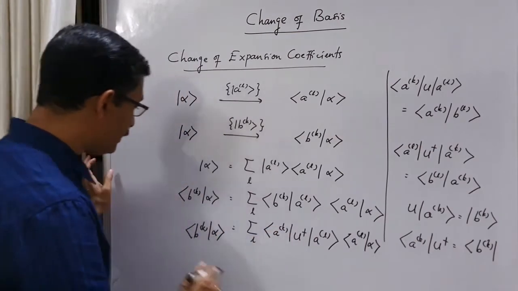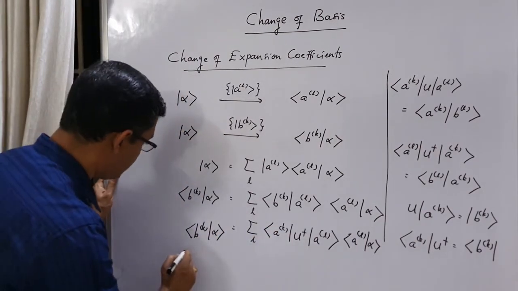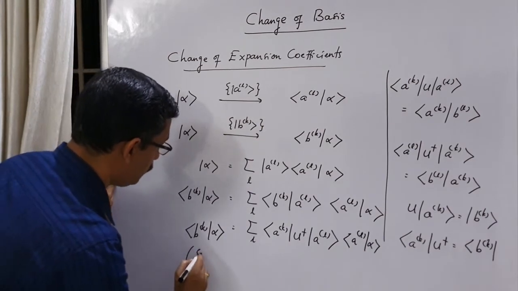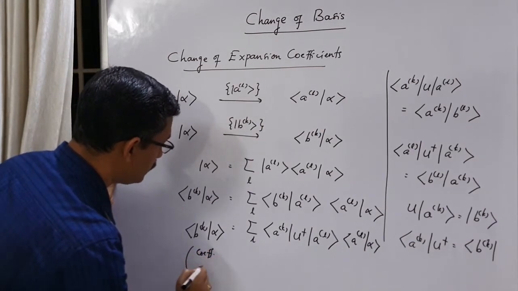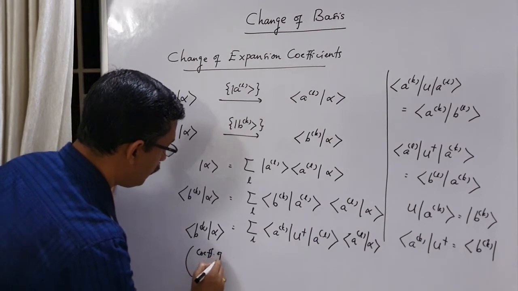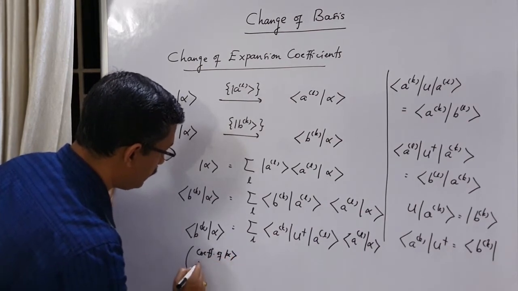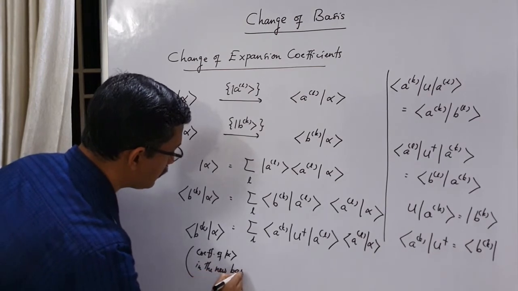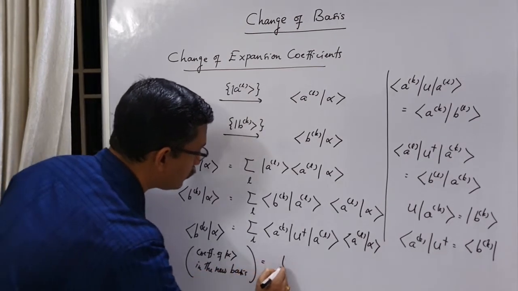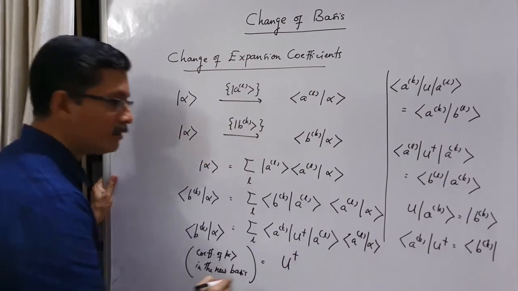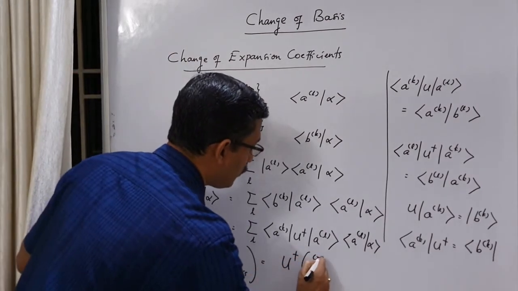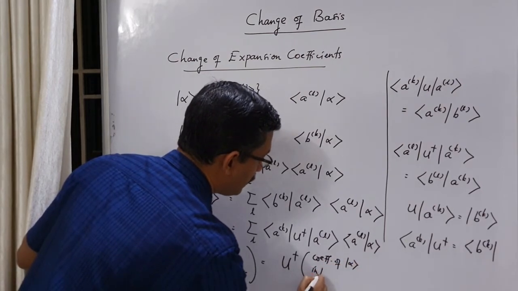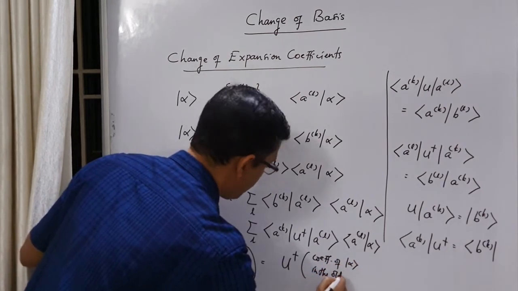Okay, so we can say this in words. The coefficient of ket alpha in the new basis is equal to U dagger times the coefficient of ket alpha in the old basis.